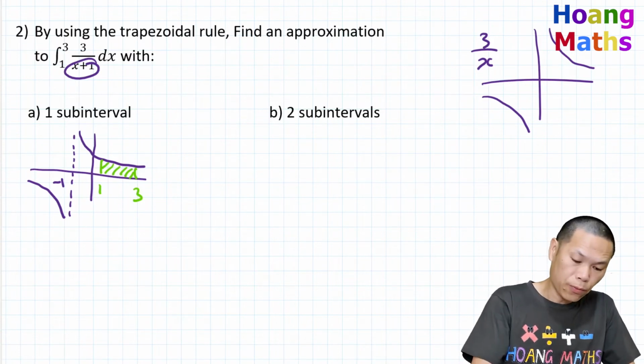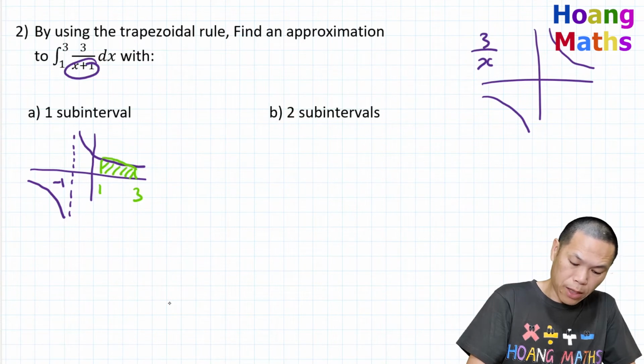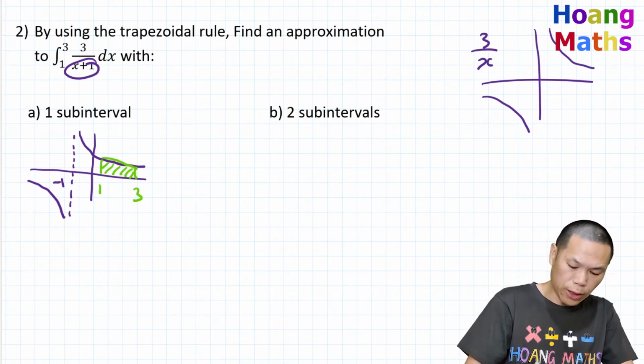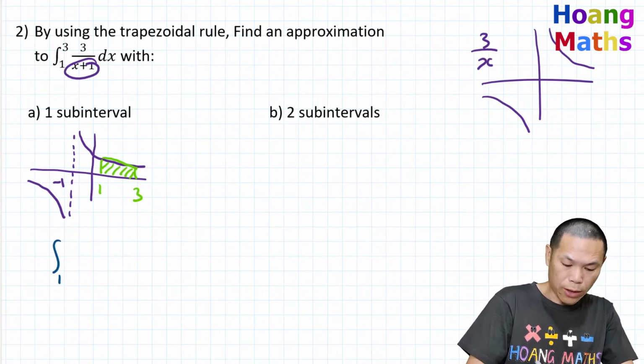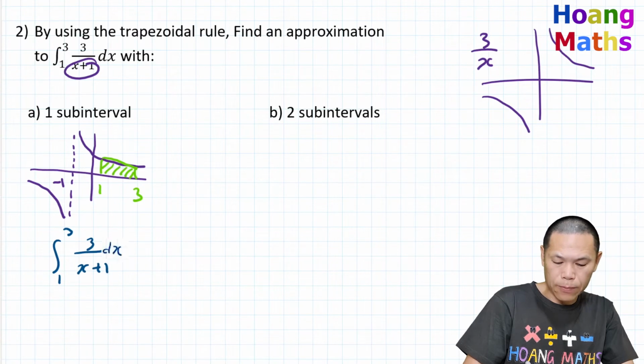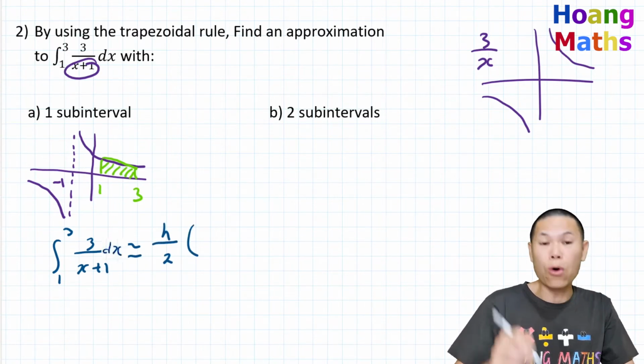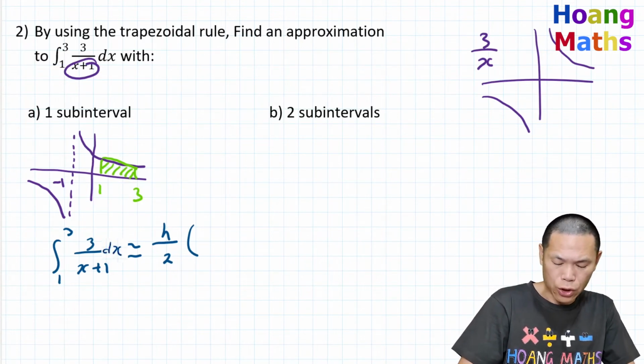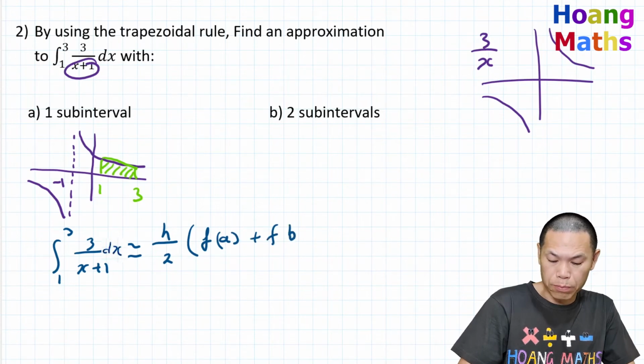So therefore, we can find the approximate area by using the trapezoidal rule. So the trapezoidal rule is the integral from 1 to 3 of 3 over x plus 1, which is approximately h over 2, where h is b minus a if you like, to find the length of h, times f of a plus f of b.